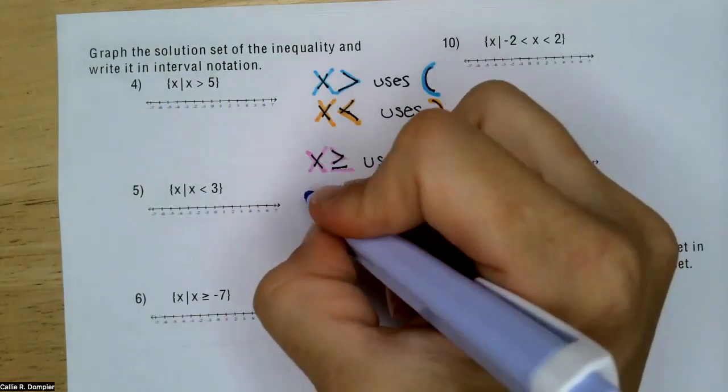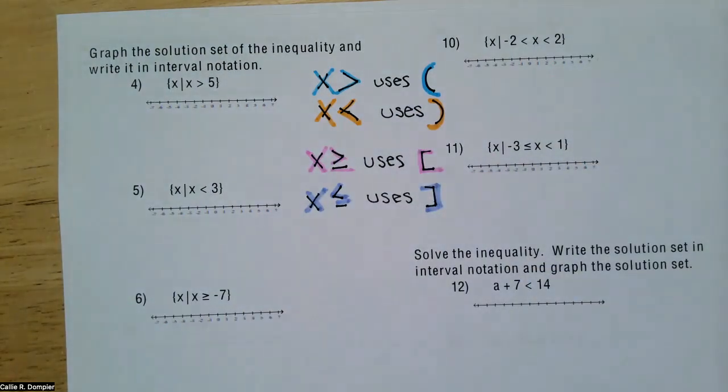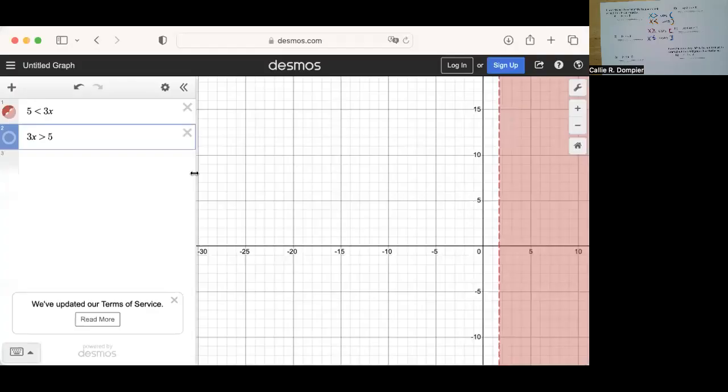And x is less than or equal to also uses a bracket. All right, so if you get lost, you're welcome to just make a little chart. And of course, you're also welcome to use Desmos, right?